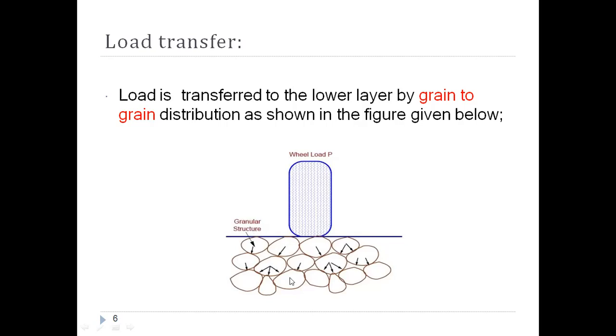These are the granular structures, and the load is transferred downward through the granular structure. The stress produced in the subgrade soil can be decreased to a great extent.